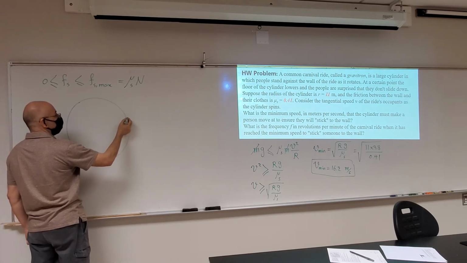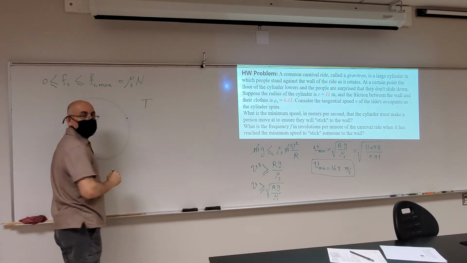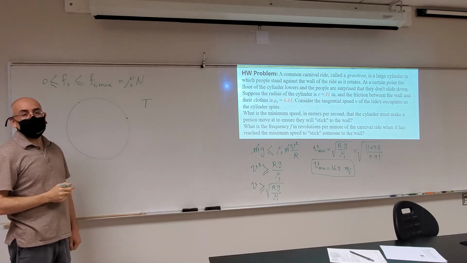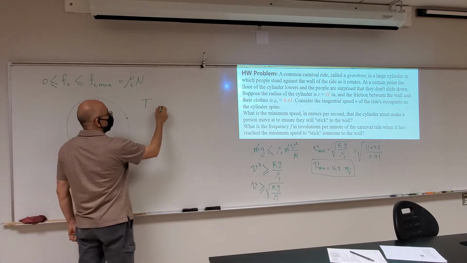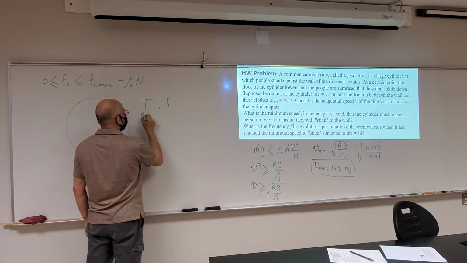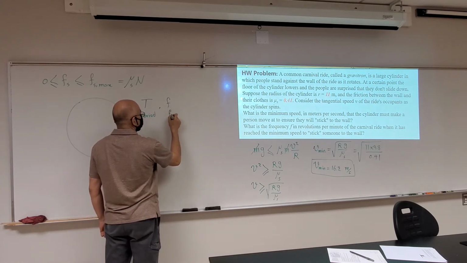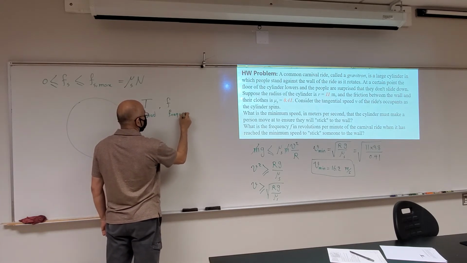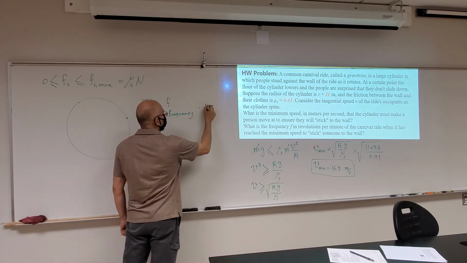There's a time for one revolution, we call it T. And there's a number of revolutions per second, we call it f. This is called the period of uniform circular motion. This is frequency. And also there is angular frequency, omega.